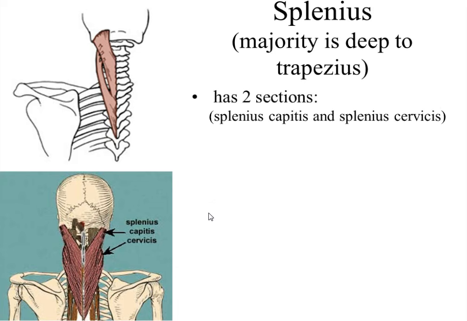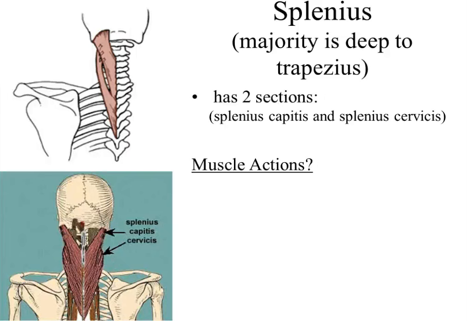I mentioned that it does have the 2 sections. I just want you to know splenius, and that the major actions, maybe you can guess, take a second, pause and guess if you use these individually, like left side versus right side, and if you use them together. So take a guess, and hopefully you did that.